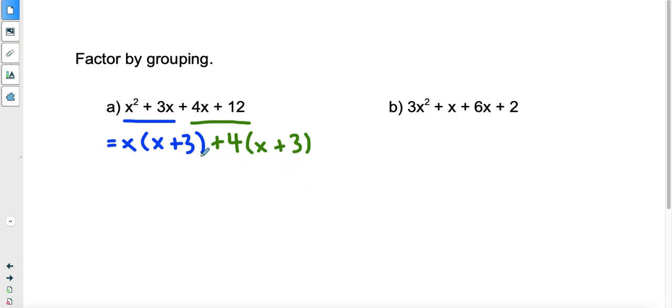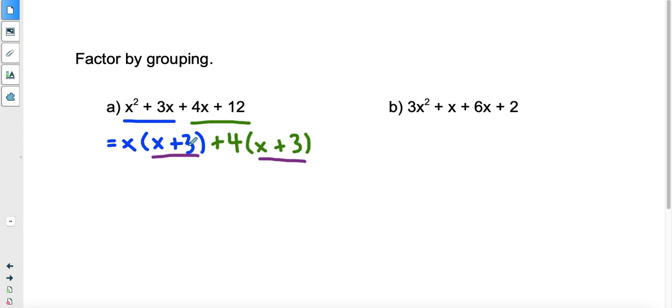And you might notice something now when you're looking at this. Both of these two terms here have an x plus 3. Since I have an x plus 3 in both of my brackets here, I can actually common factor this out. I can common factor this again.